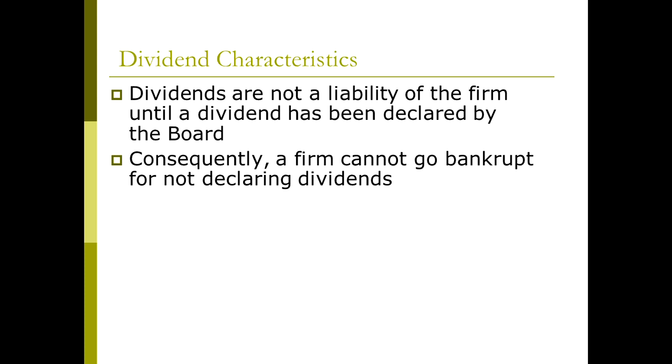But dividends are not a liability if the company decides not to pay. If the company announces we are not going to pay any dividends at all because we are not really doing well in the current market condition, then you do not receive any dividends. Consequently, a firm can never go bankrupt for not declaring dividends. In fact, many companies do not pay any dividends at all.